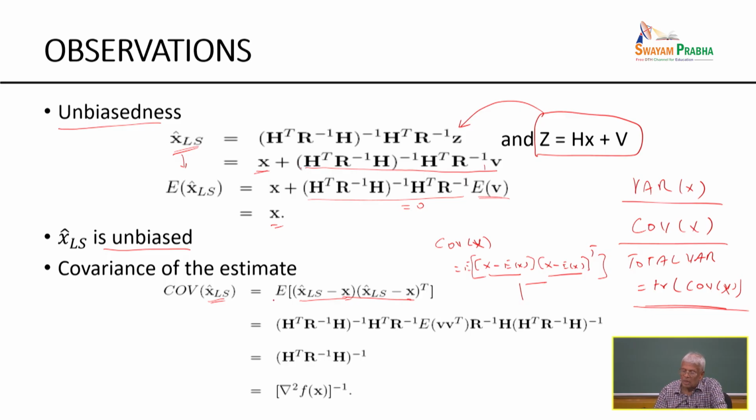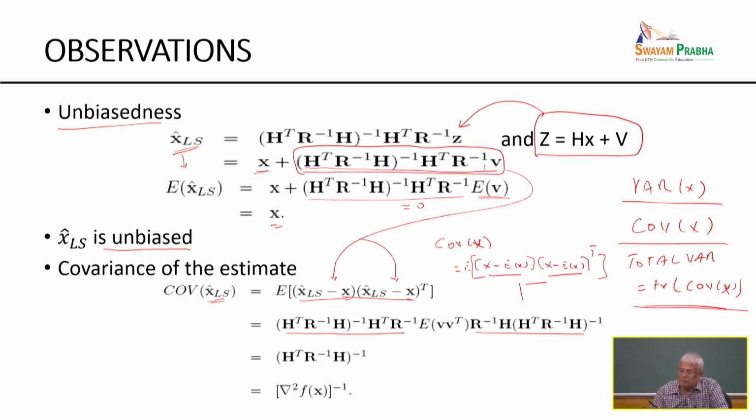I now have an expression for x LS minus x. x LS minus x is given by this expression. And that expression is now being substituted in here. And that expression has a matrix which is constant.